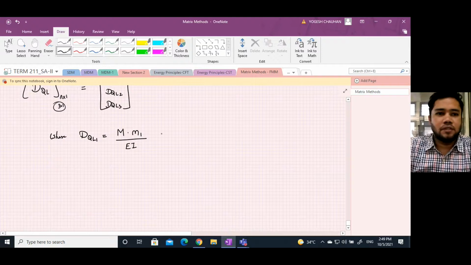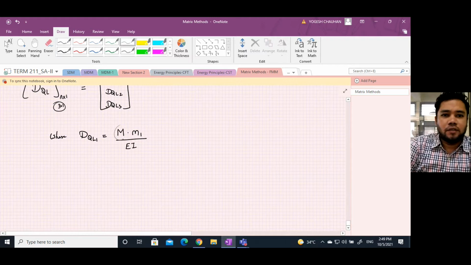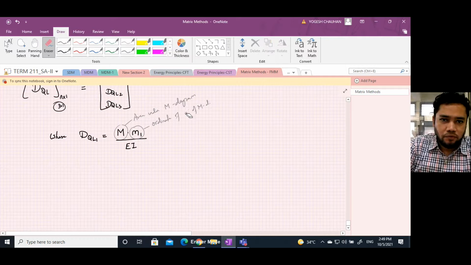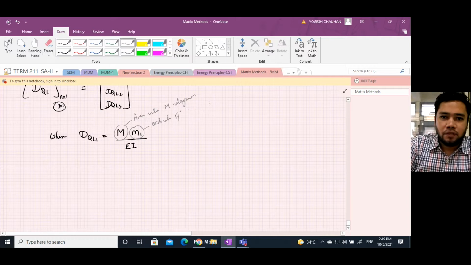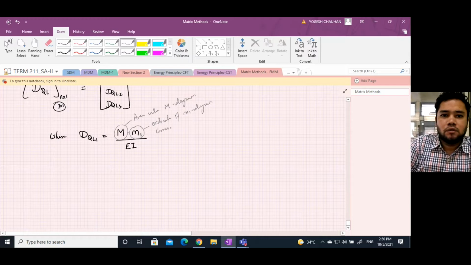That means we have to take the area under the capital M diagram, and multiply it with the ordinate of the small m1 diagram corresponding to the CG of the capital M diagram.